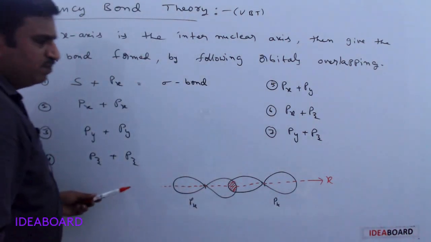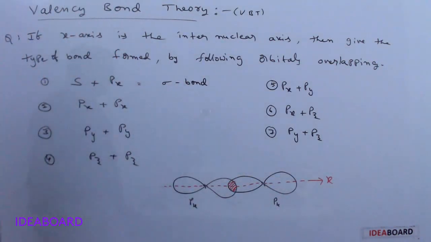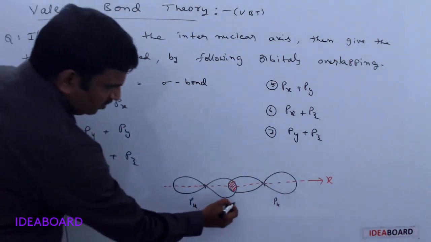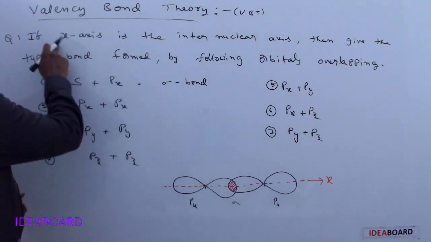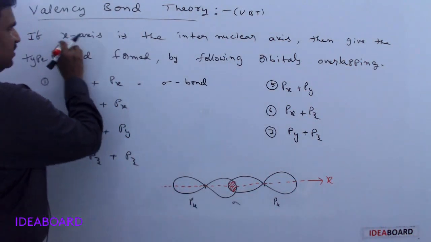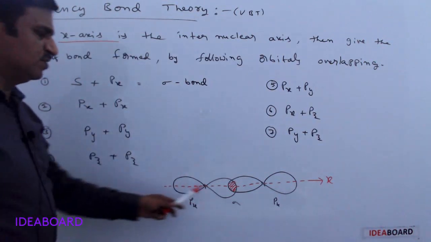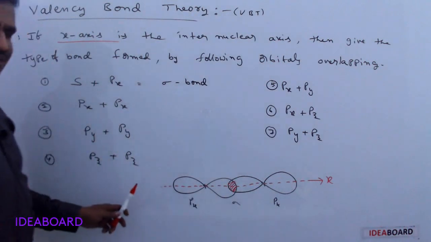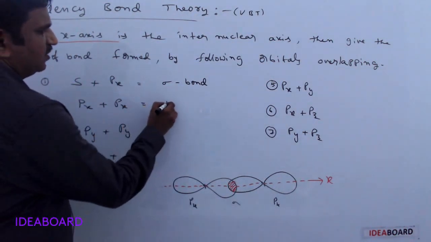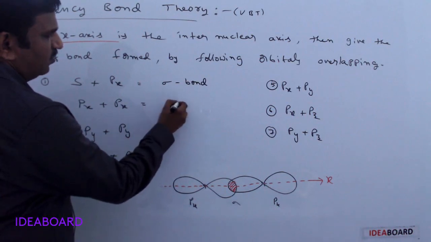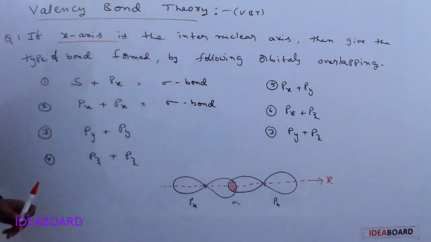Then what happened? In the px orbitals, along the internuclear axis, the overlapping occurred. So what type of bond is formed again? Sigma bond. The internuclear axis is the x-axis and the orbitals also have their lobes along the nucleus because they are px orbitals, so the bond formed is always a sigma bond. It is also a sigma bond.